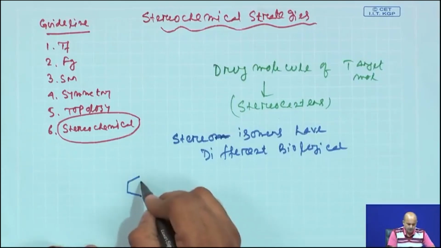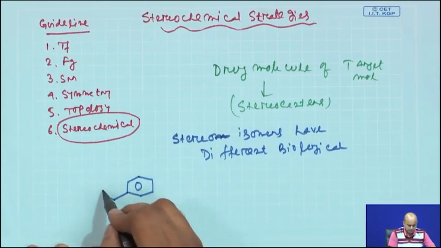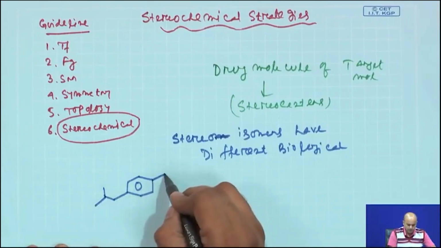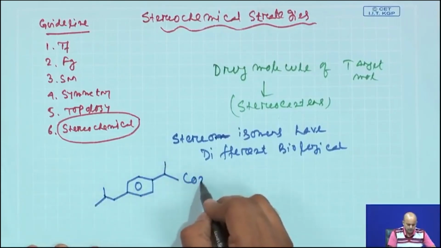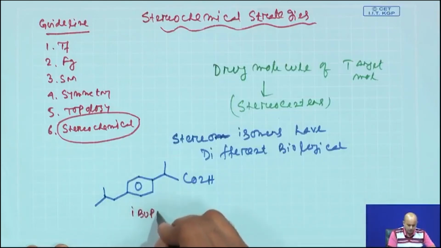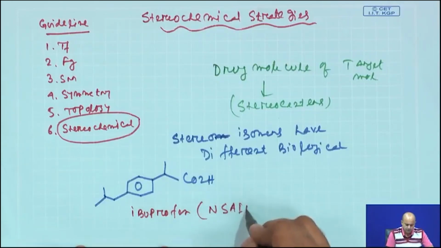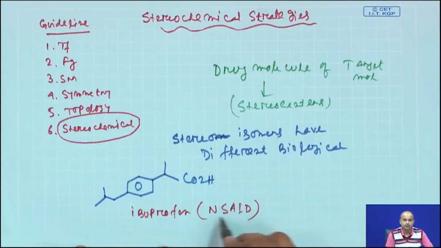Let us give a very classic example. This molecule is ibuprofen. Now, it is a very well known painkiller. All of us probably take it. It basically falls in the class of non-steroidal anti-inflammatory drugs.